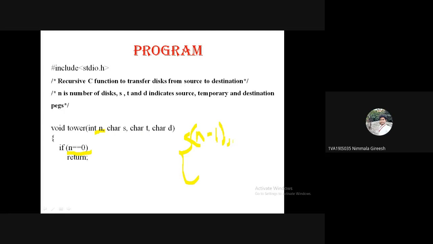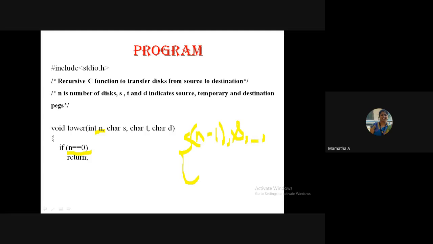From source, the top n-1 disks which are on the source, I should move to destination? Yes, n-1 disks, you will move them from S to T using D.